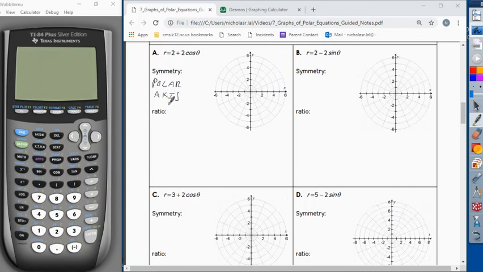And a ratio of a over b, which is 2 over 2, is going to be equal to 1. We have a positive cosine, so it's moving right.